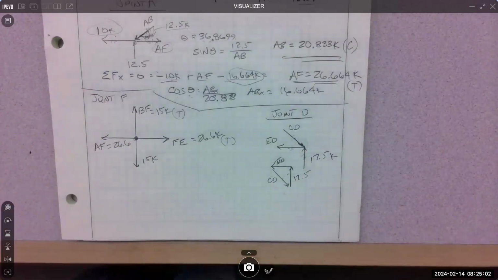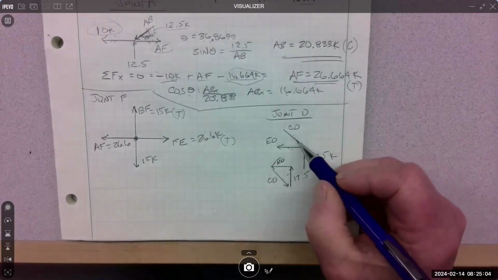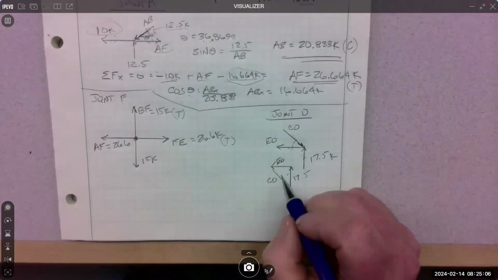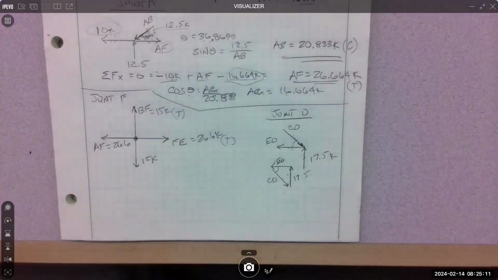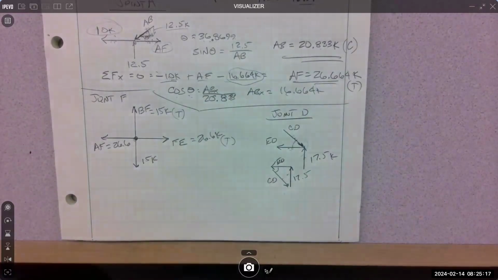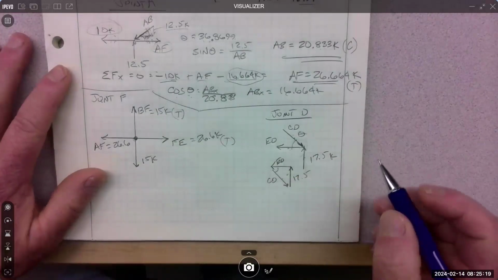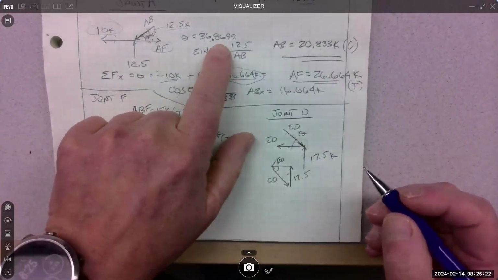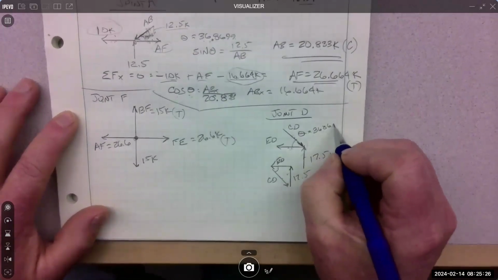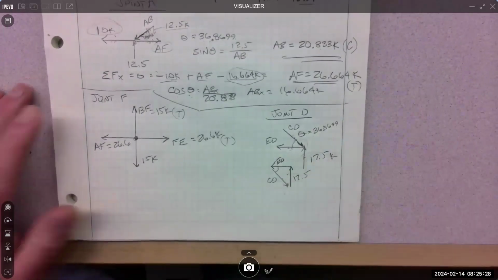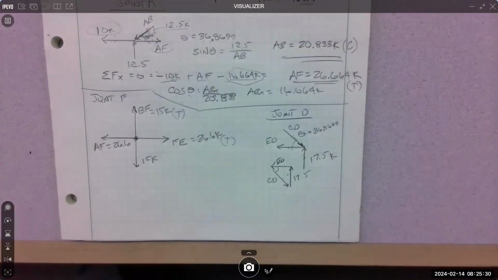And we know the angle between CD and horizontal, that's right here. So you do have to pick out that angle correctly if you're gonna do a force triangle. Don't muck up the angle, you muck up the problem. So this is our theta, 36.8699. Right, and then we can solve for those two, just with trigonometry.